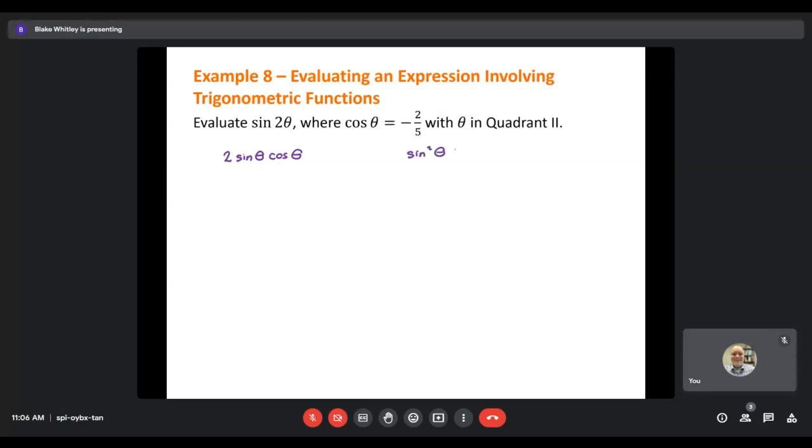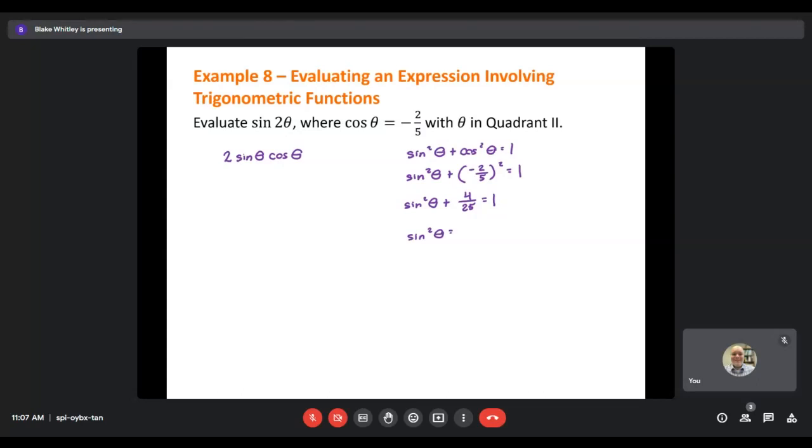So sine squared theta plus cosine squared theta is equal to 1. I'm going to substitute my negative 2/5 in place of the cosine. So we get sine squared theta plus negative 2/5 squared equals 1. Now we square negative 2/5. Sine squared plus 4/25 equals 1.